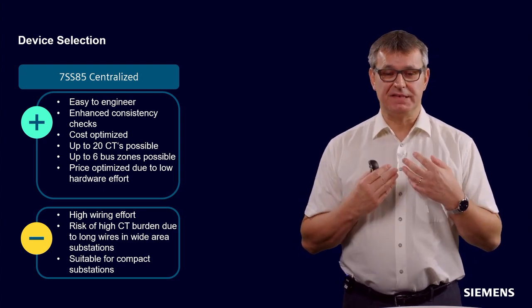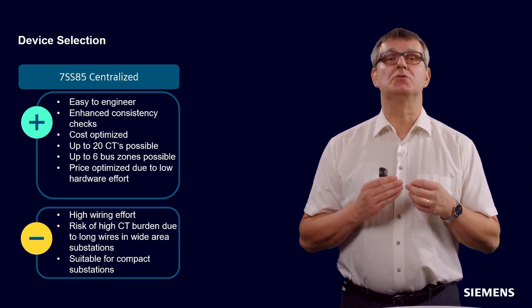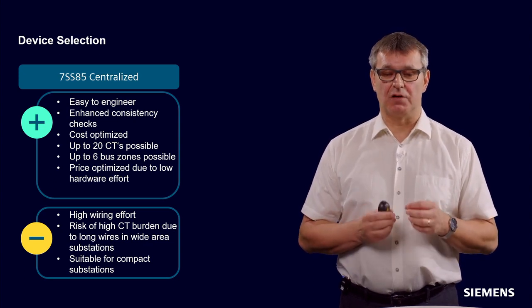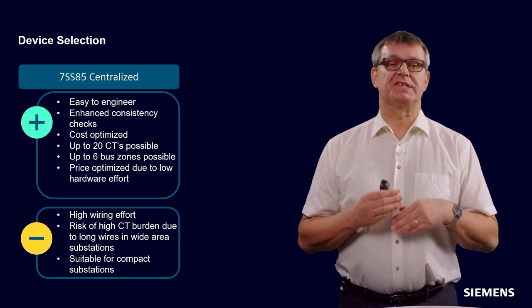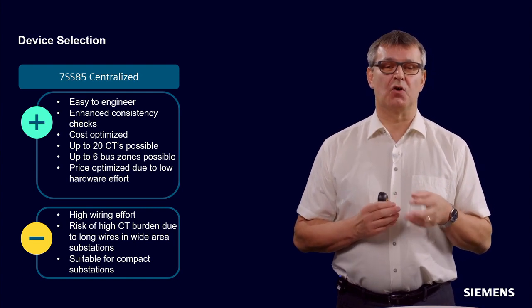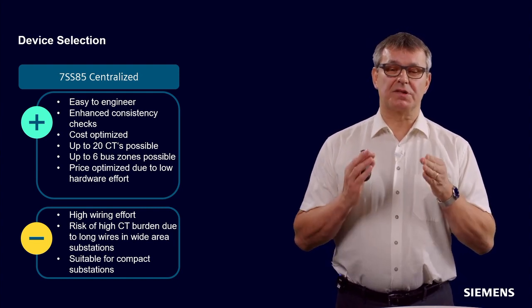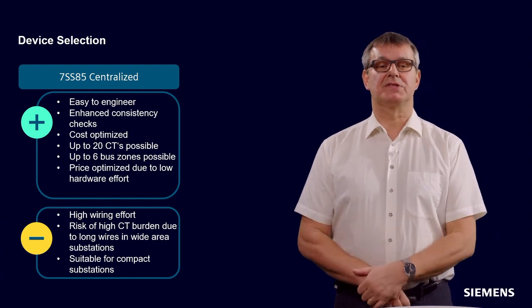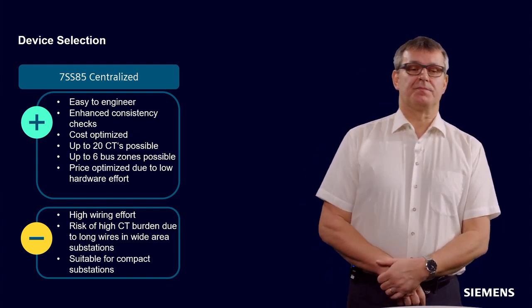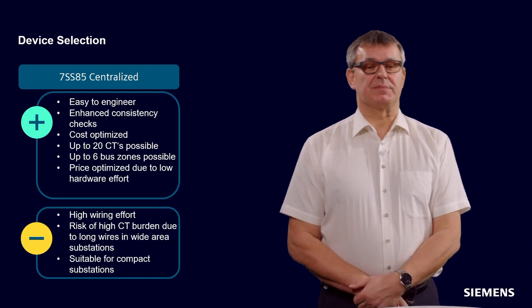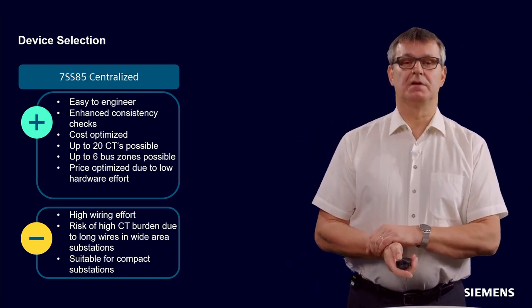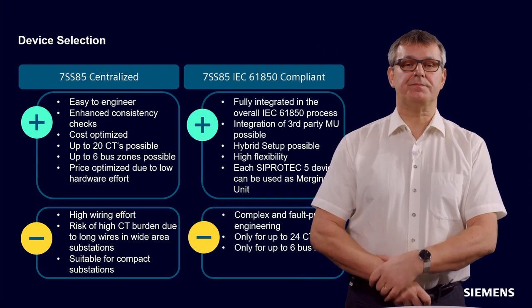This high CT burden can lead to an earlier saturation of your CT. So the centralized busbar protection is mostly suitable only for GIS substations, suitable for compact substations, as already said.